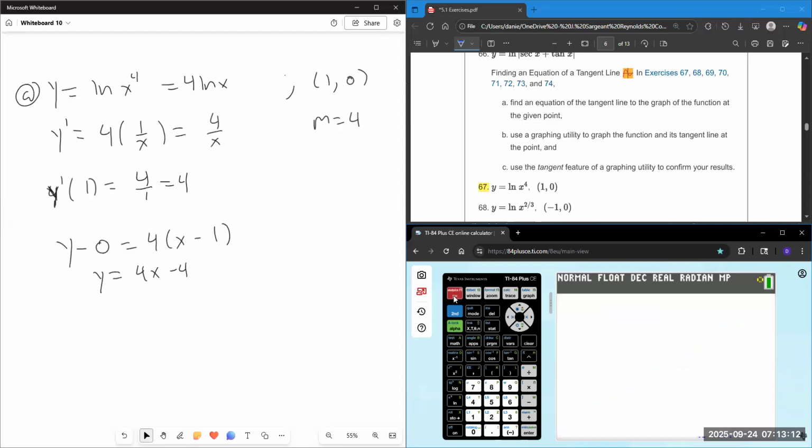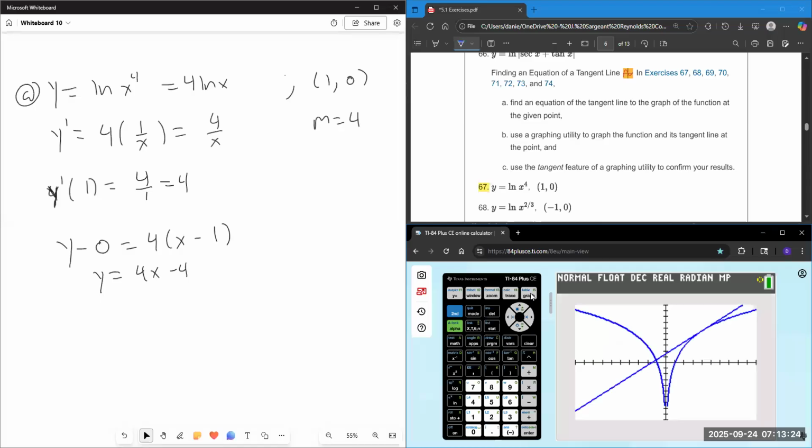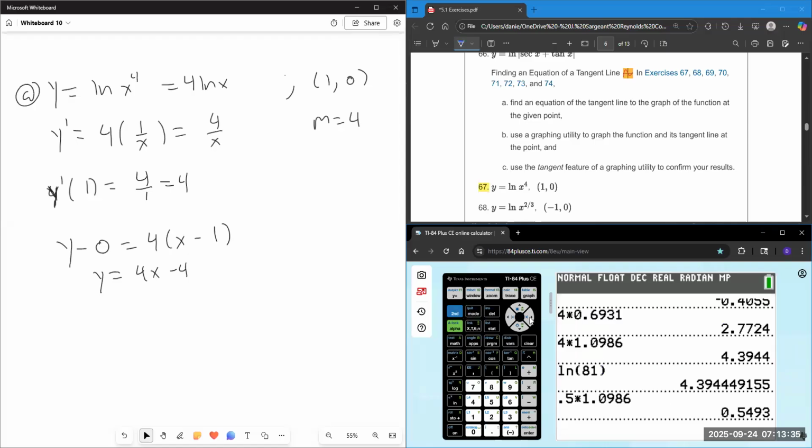And then I want y equals, and I want to graph 4x minus 4. Oh, I drew the tangent line in the wrong place.